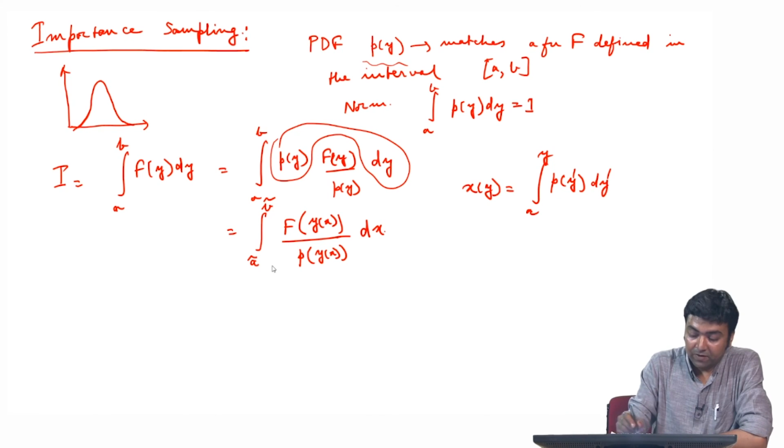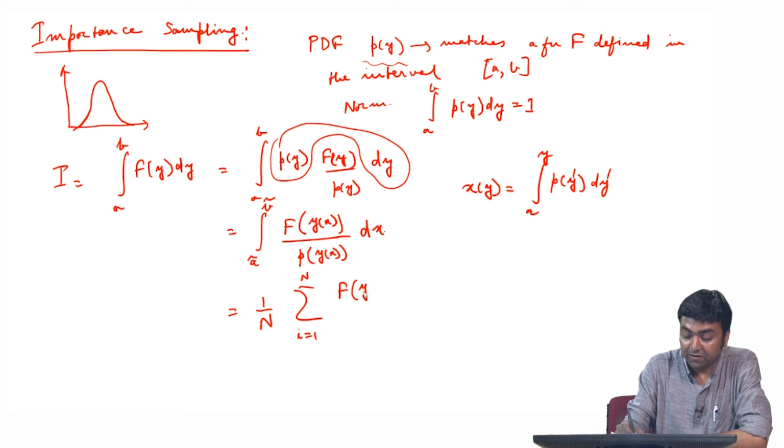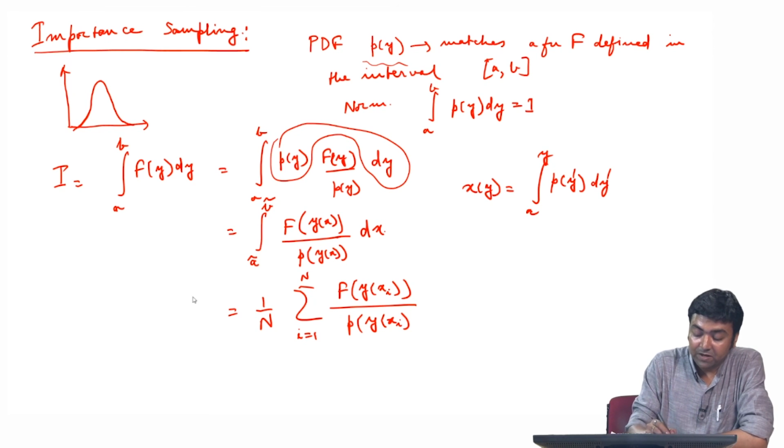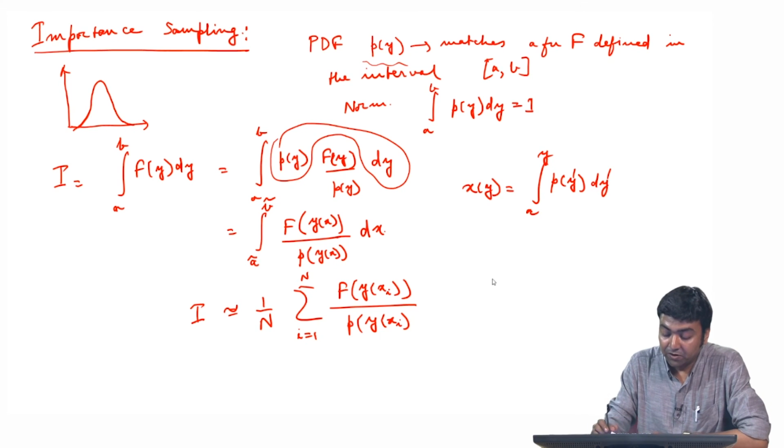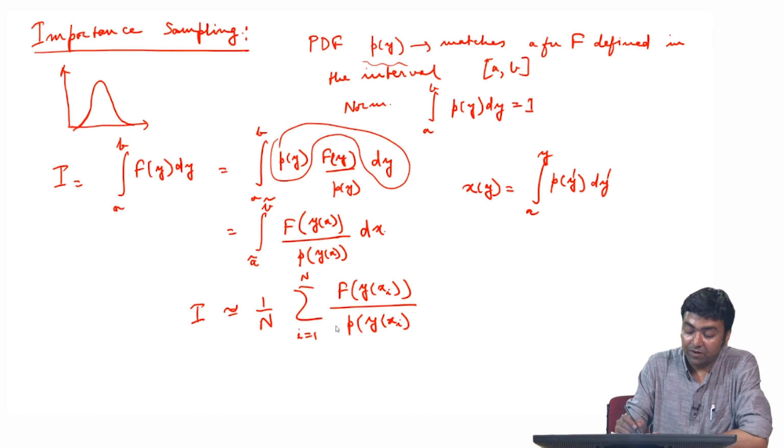Okay. So, once we have this, it is the simple standard procedure, where instead of keeping it continuous, we discretize it. So, the integrand is f(y(x_i)) divided by p(y(x_i)), and this gives me an estimate of the integral.